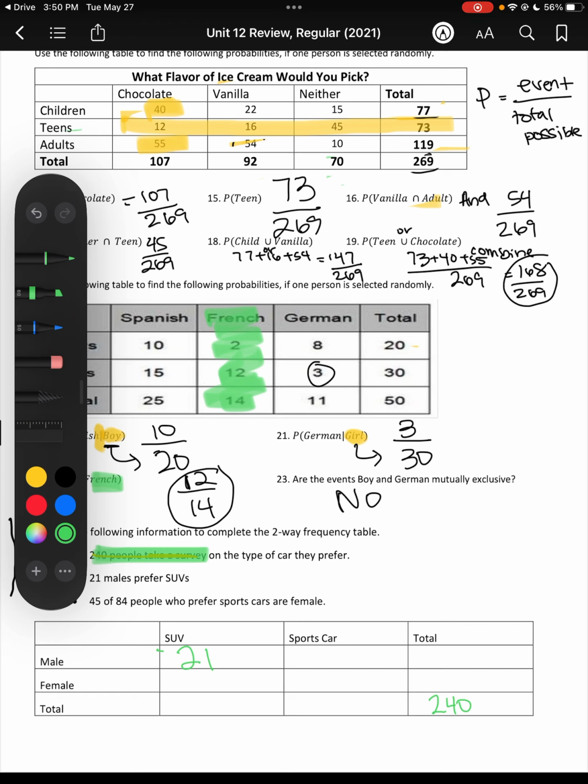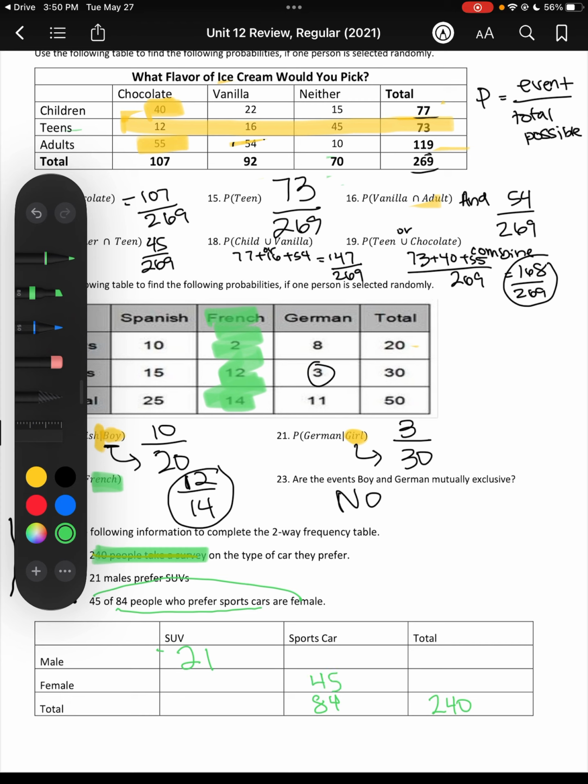Male and SUV. And 45 of 84 people who prefer sports are female. So this part right here, 84 people who prefer sports cars, and then 45 of them are female.